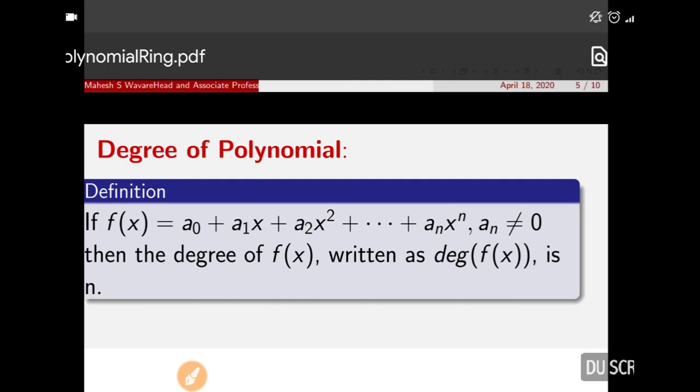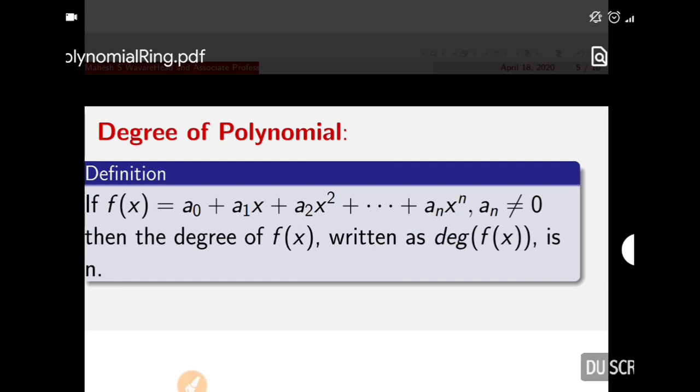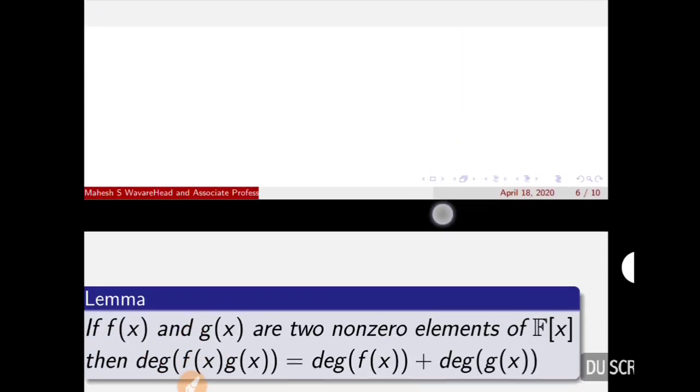Keep in mind, we do not define the degree of the zero polynomial because there are no non-zero coefficients. But a non-zero constant means its coefficient is of x raised to 0. Constant polynomials have degree 0. Degree 1 polynomials are called linear polynomials. Degree 2 polynomials are called quadratic polynomials. Cubic polynomials are of degree 3, and so on. So this is the degree of a polynomial.